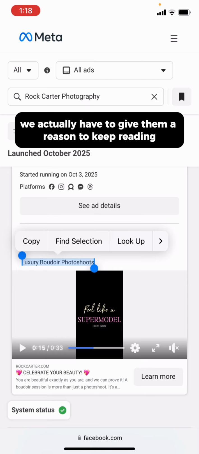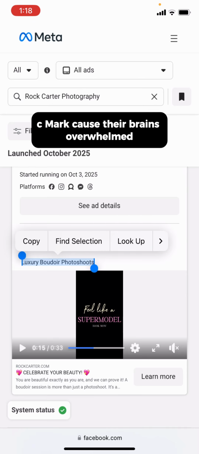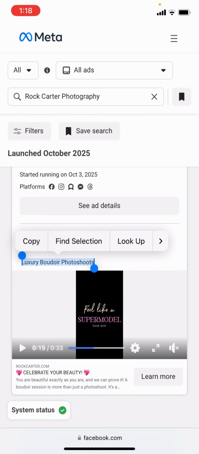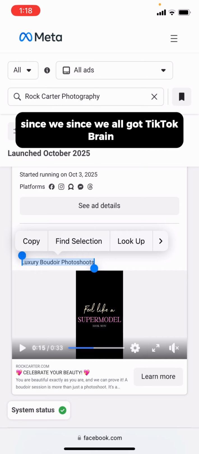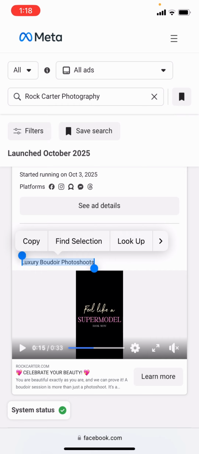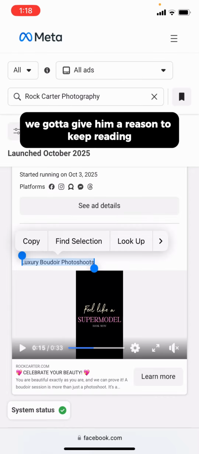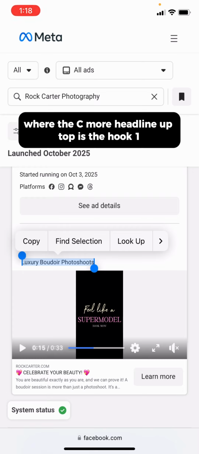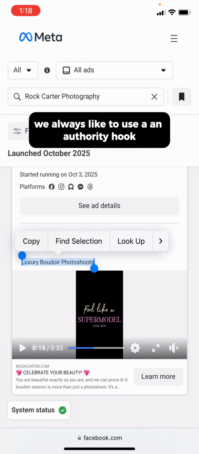But because of that, we actually have to give them a reason to keep reading once they click the ... see more, because their brain's overwhelmed with how much more text they're going to read. Instead of one sentence, they now have to read 7 more sentences. But since we all got TikTok brain, we have to give them a reason to keep reading. So we basically have a hook 2, where the see more headline up top is hook 1, then at the top of the body copy is hook 2, and we always like to use an authority hook.